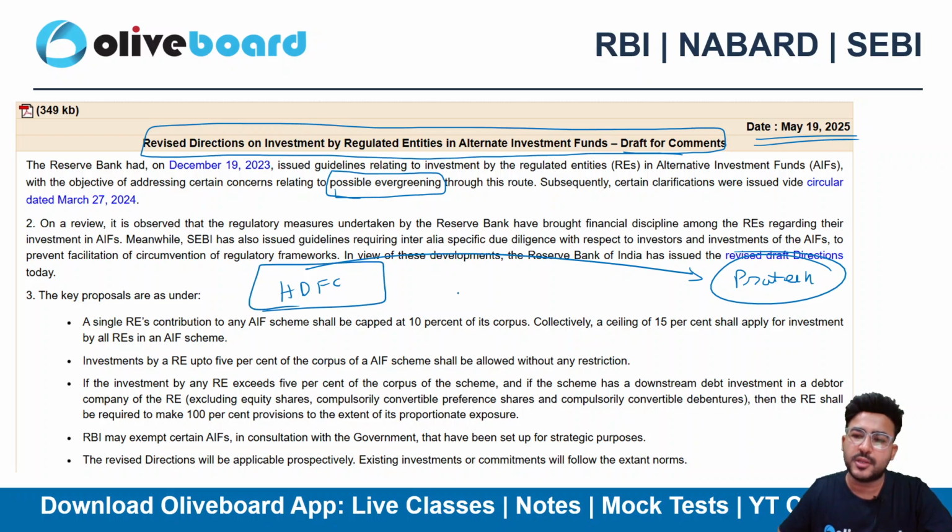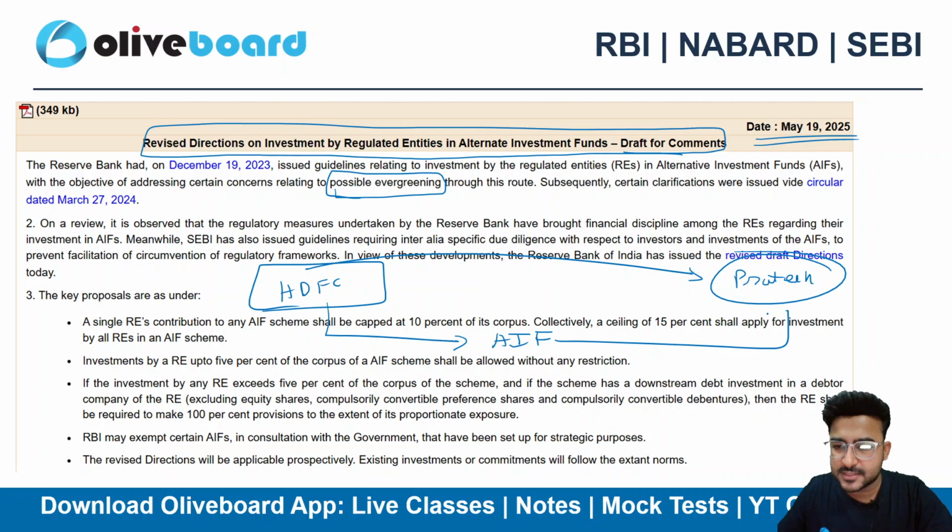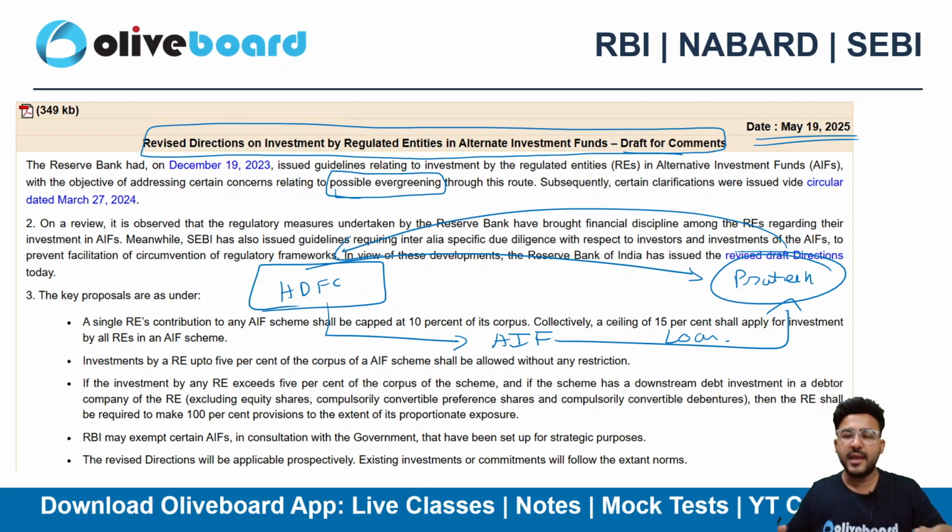HDFC Bank doesn't want Prateek Limited to turn into an NPA in its books of accounts, because that creates a problem. So why not give an investment in AIF, and AIF is funding me? AIF is again giving me a loan and I am repaying my earlier loan, which I was not able to honor earlier.